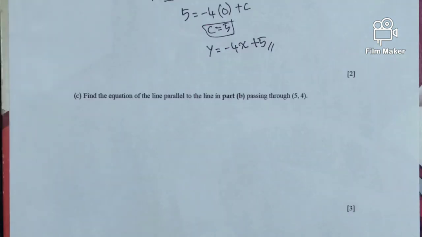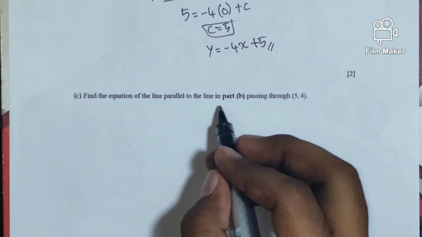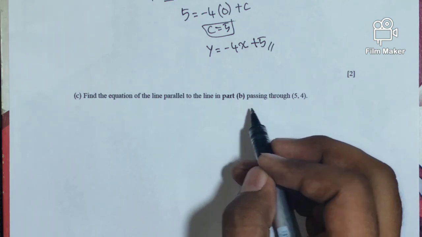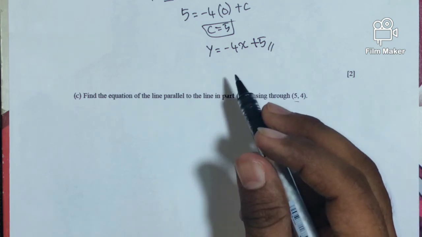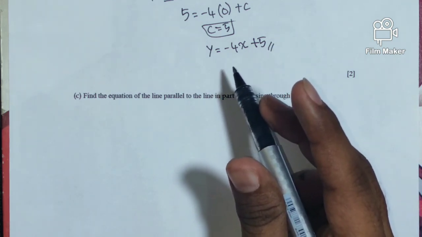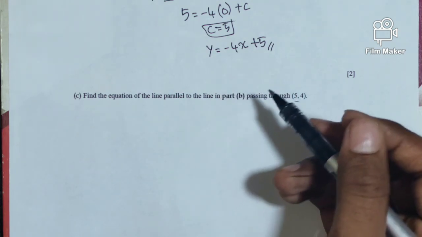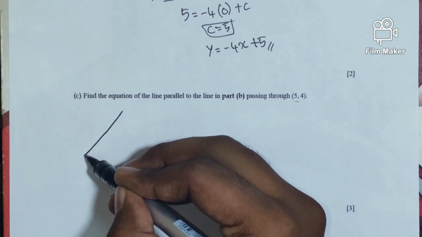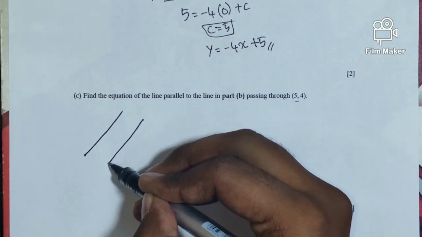Now the third part of this question is to find the equation of the line parallel to the line in part B passing through (5, 4), meaning the line whose equation we calculated in part B. Suppose there is a line like this, and another line is parallel to it, and we know its gradient is -4.